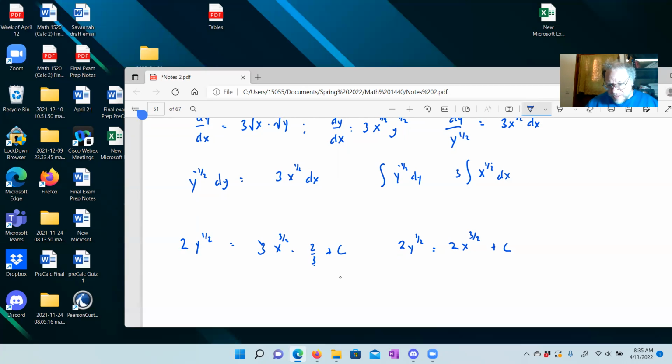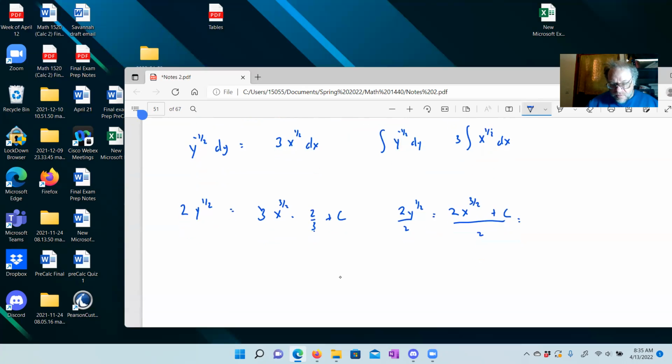Now we can go ahead and divide by 2, so the 2's cancel. We have y to the 1/2 on one side, and on the other side x to the 3/2. I'm going to divide c by 2, but a constant divided by 2 is still a constant, so we're just going to call it c.